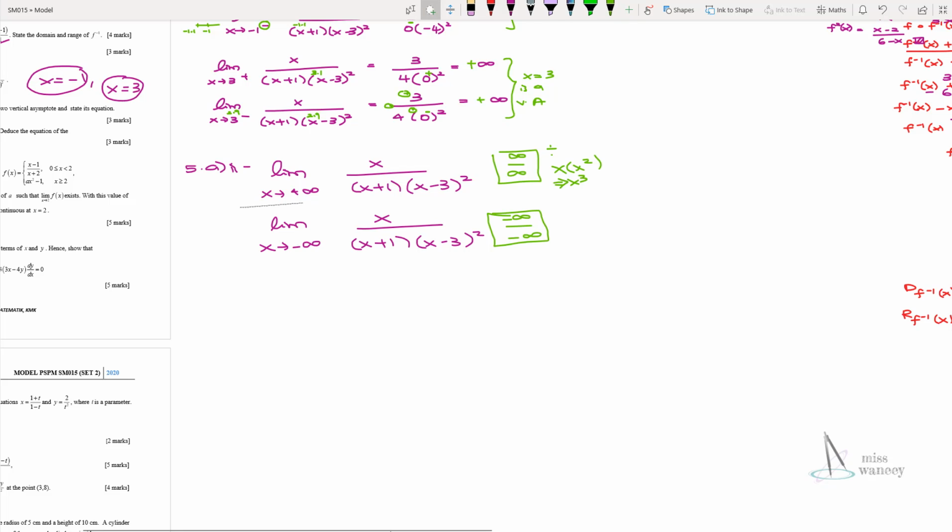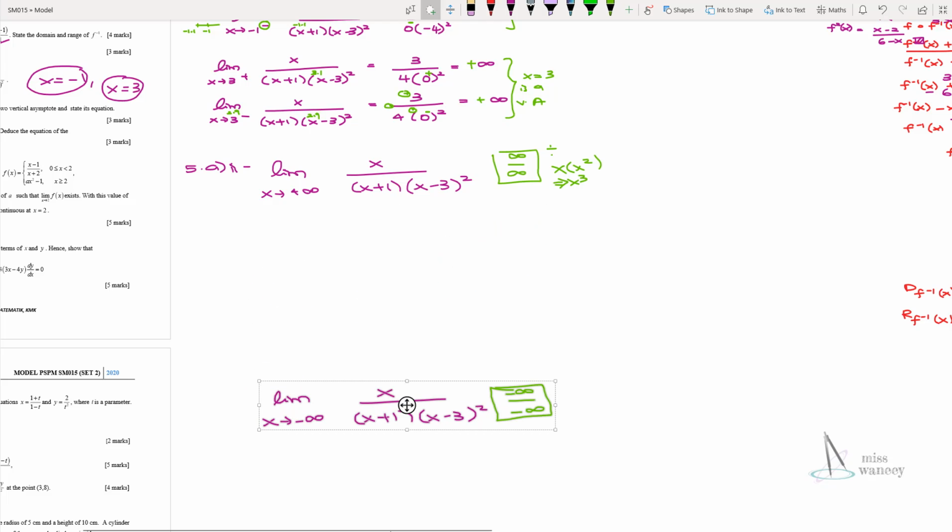Okay, never mind. I think I'll move this one first. So let us solve that one. This is the limit as x approaches positive infinity, x over x cubed over (x plus 1) times (x minus 3) squared over x cubed.